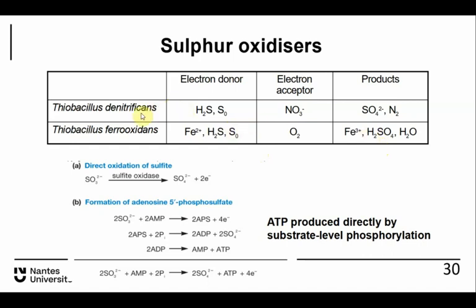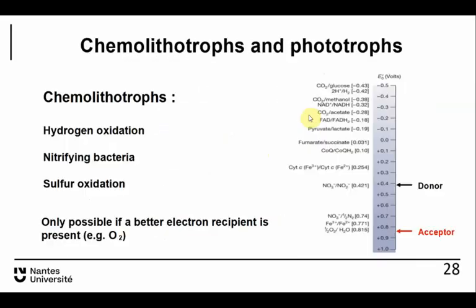Thiobacillus denitrificans, this is kind of clever. It's got reduced sulfur, and the electron acceptor is nitrate. And this is still favorable because on my redox scale, the redox couple between sulfide and thiosulfate is about here, about 0 volts.